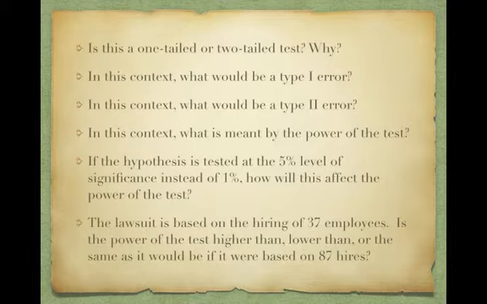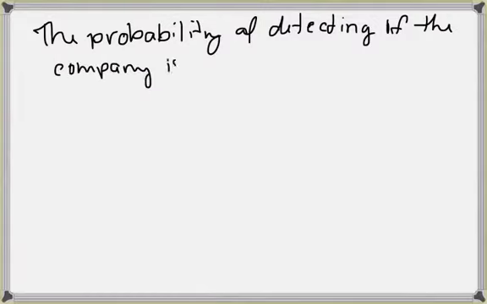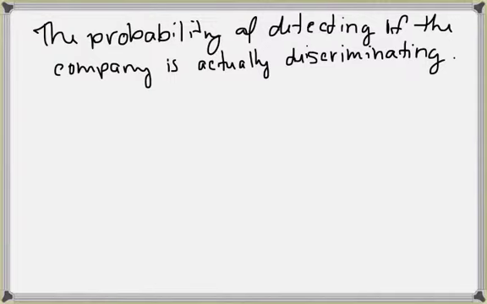So in the context of this problem, the power of the test is going to be the probability of detecting if the company is actually discriminating. So that's going to be our power.